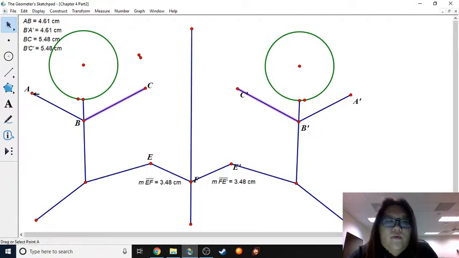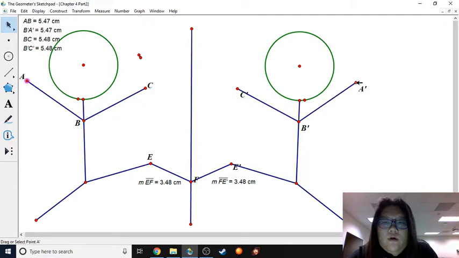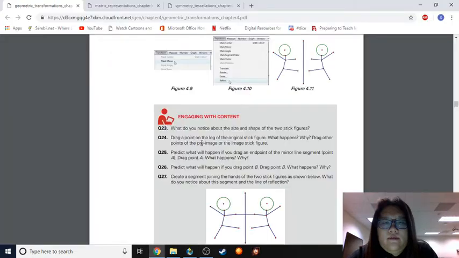So if I were to drag this point, as we can see here, the arm on the left side would move, and the arm on the right side would move. Why is that? Well, this is the function of a flip, or a reflection.